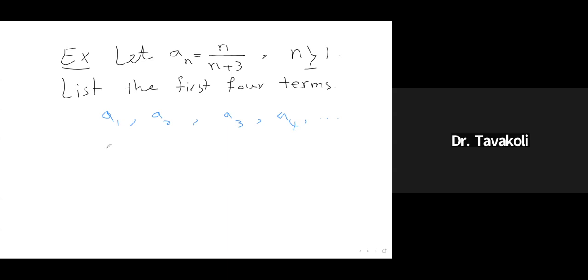So that's going to be 1 over 1 plus 3, which is 1 over 4. For a_2, n is 2, so 2 over 5. When n is 3, 3 over 3 plus 3, 3 over 6, which simplifies to 1 half. When n is 4, we have 4 over 4 plus 3, which is 4 over 7. And so on and so forth.